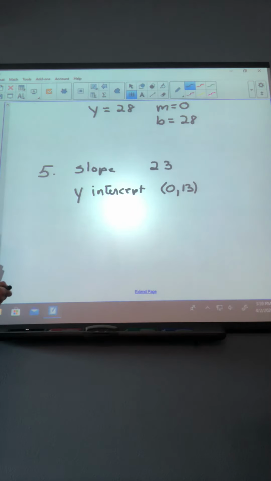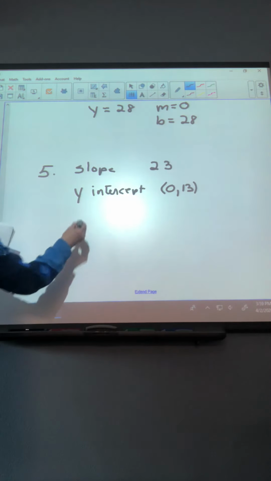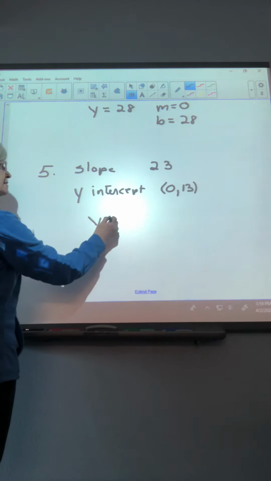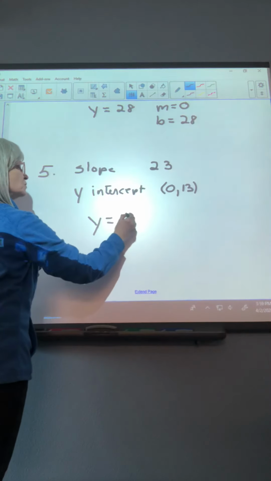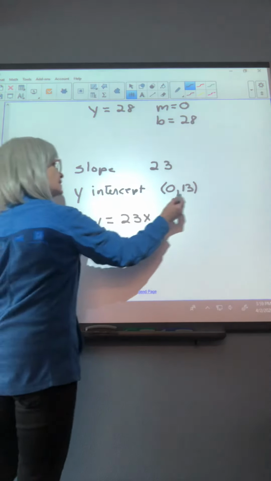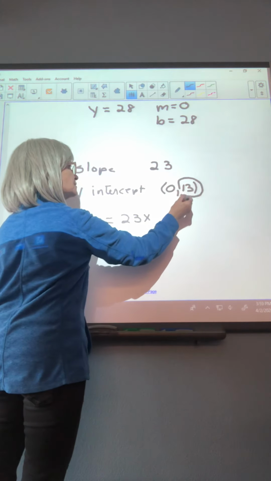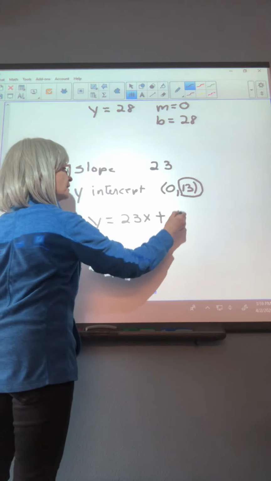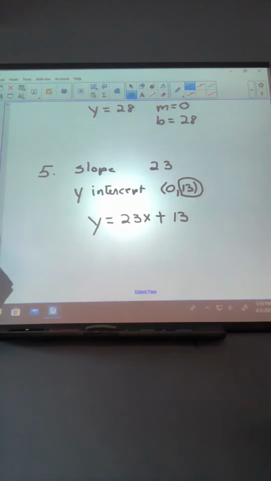And now we need to write an equation of the line. So we would write our y is equal to, the slope is 23, then we write our x, the y-intercept, all we need to write is the 13, so we write plus 13, and so now you have your equation of the line. Y is equal to 23x plus 13.